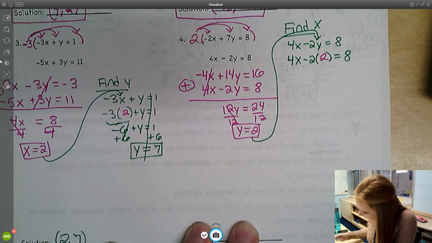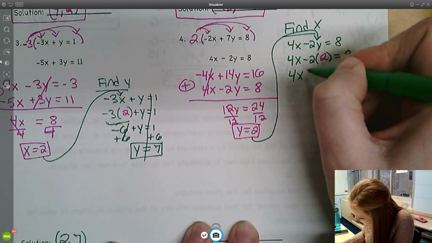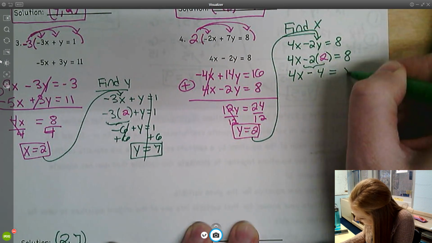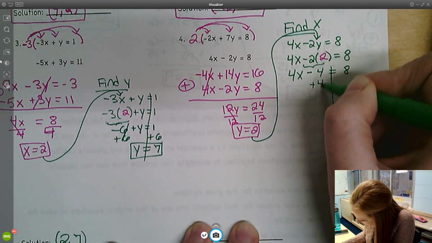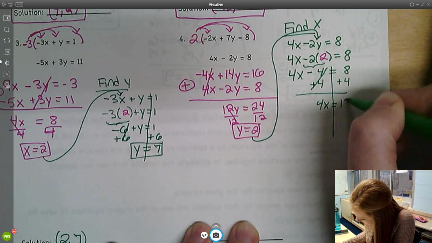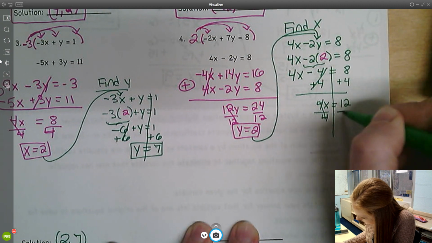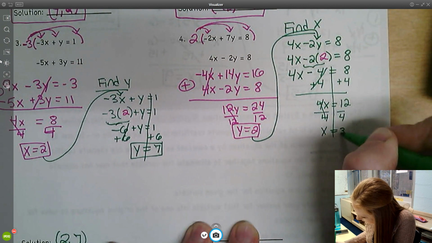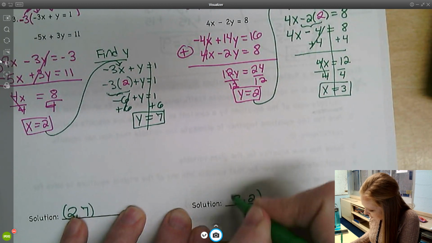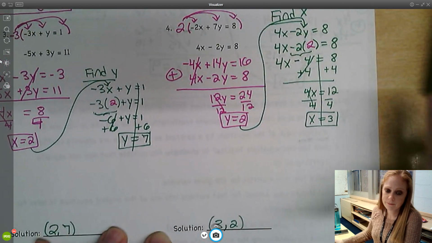And now we can solve. So let's see, negative 2 times 2 is minus 4. Add 4 to both sides. 4x equals 12. Divide both sides by 4. X is 3. That means our solution is 3, 2, because it goes x, y.